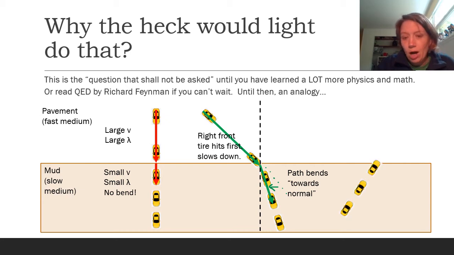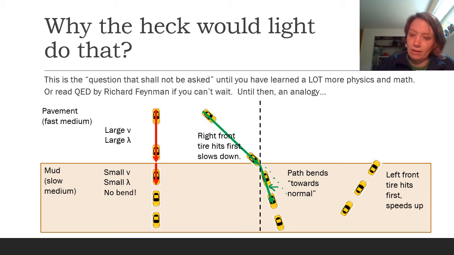If we have the opposite situation where the light starts in the slow medium or starts in the mud, when that car hits the boundary of the fast medium, right, the left front tire is hitting first, and it speeds up. So it kind of wants to make that car turn the other direction. It's pulling the car faster forward.